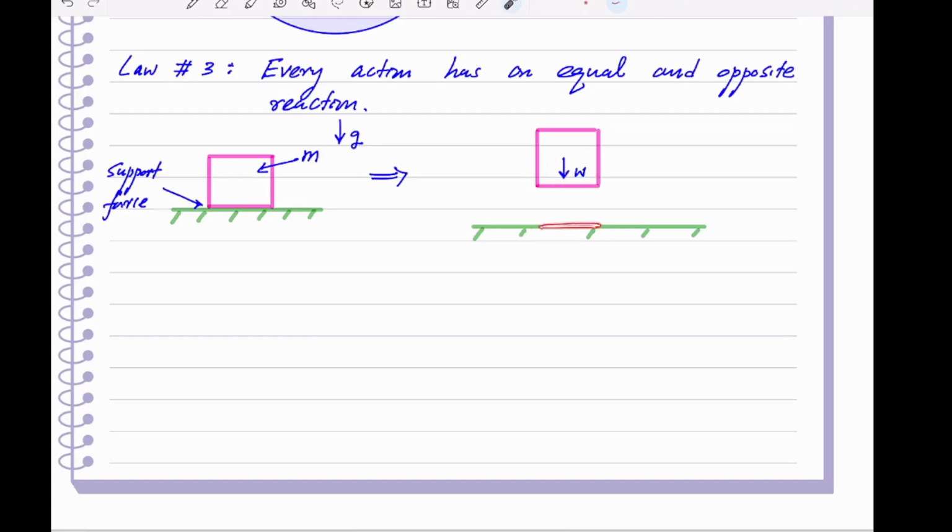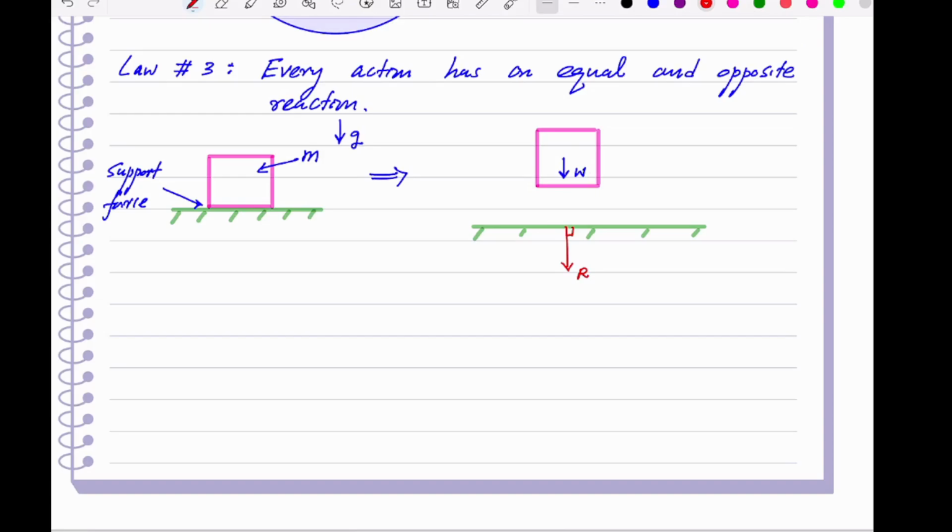When this surface feels this force, that feeling looks like this. So the ground will feel a force like this. That is due to the touch.